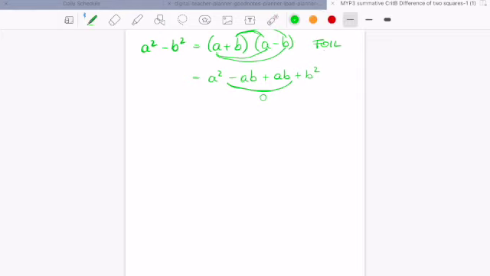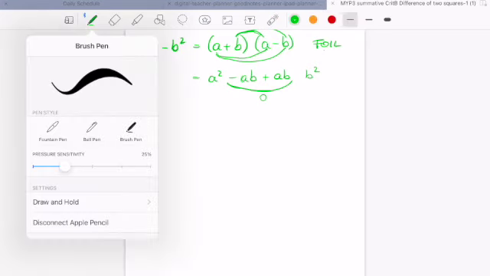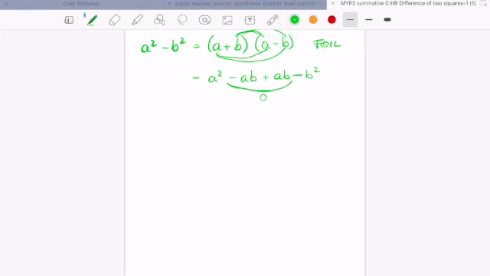So what I have left here, and by the way, I made a mistake. Who can spot my mistake? Right here. Because B positive times B negative gives us a negative B squared here. Yes.